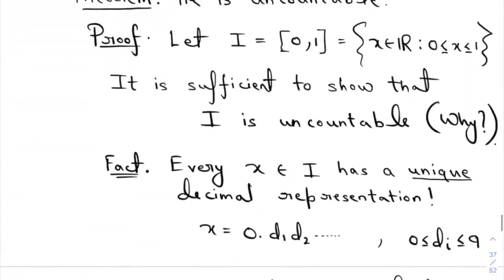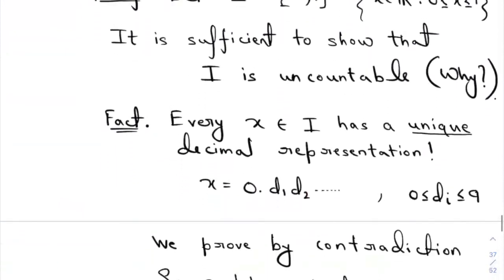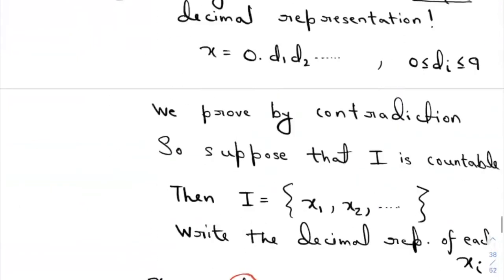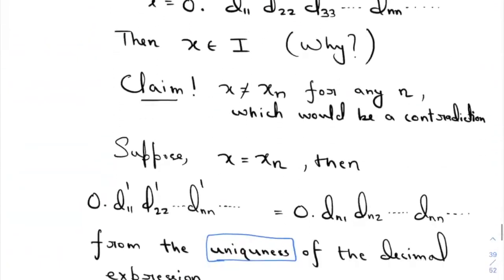So if it helps, we can actually take the open interval, so 1 is not an element, and this ambiguity is not there.